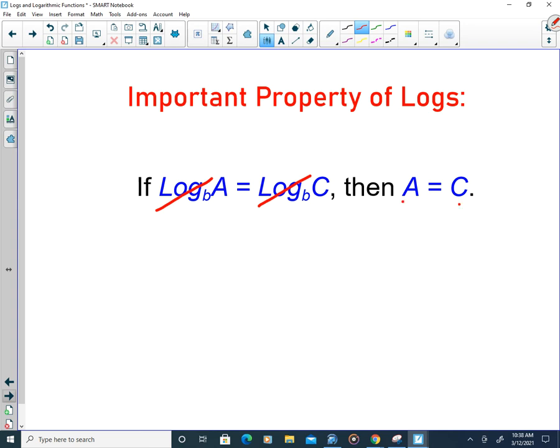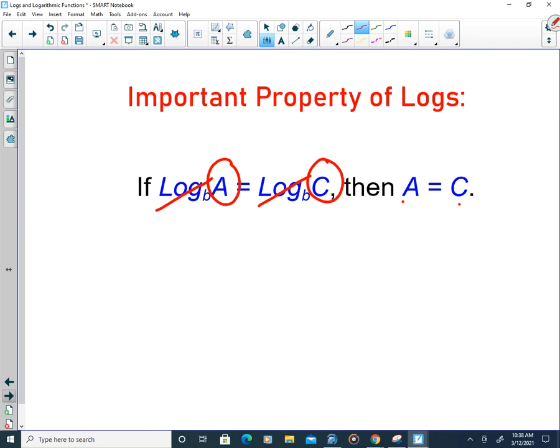This is the new stuff for today, and this is what we're going to be using to solve some more logarithm equations. Really simple. If the 2 logs are equal to each other, and they both have the same base, then whatever you're taking the log of on both sides, you can set them equal to each other.